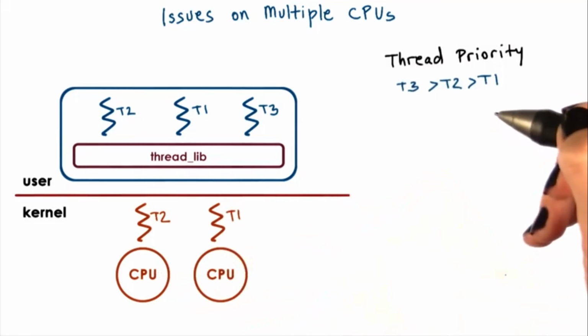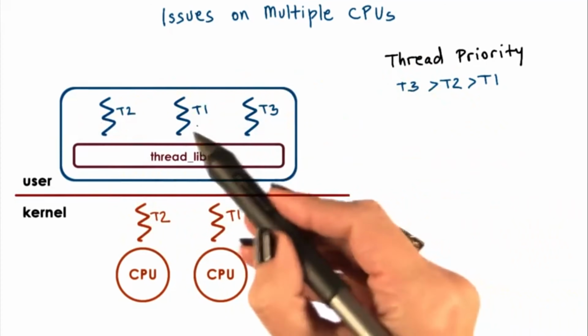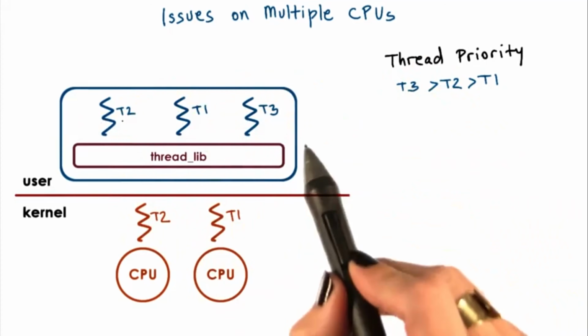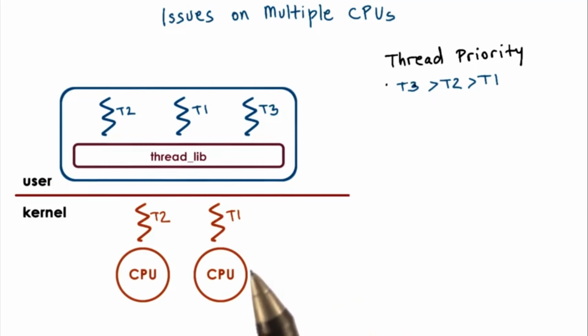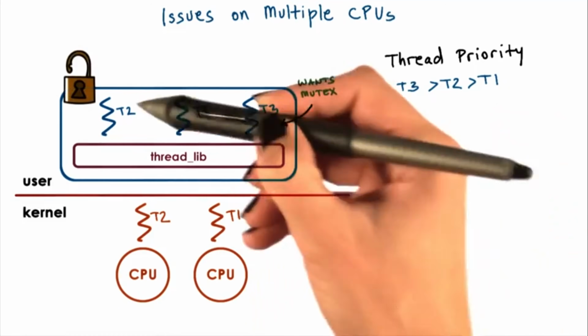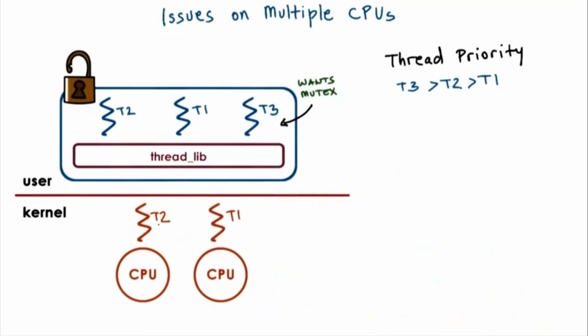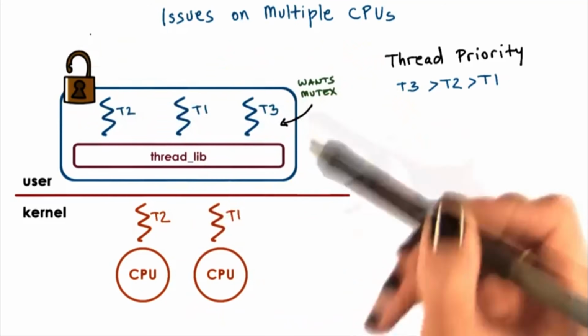Let's consider the following situation. Let's say we have three user-level threads that are running, T1, T2, and T3, and their priorities are such that T3 has the highest priority, followed by T2, and then T1 has the lowest priority. Let's say T2 is running in the context of one of the kernel-level threads and currently holds a mutex.